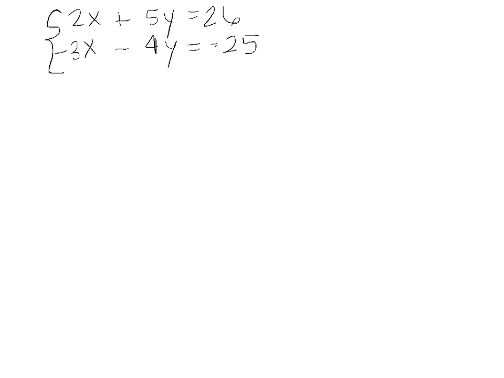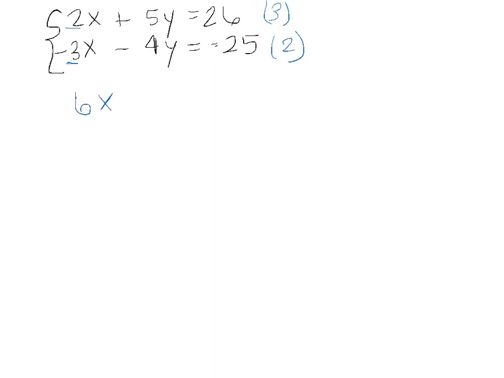What I'm looking for here is I don't have any opposites that are present. 2 and negative 3 are not opposite. 5 and negative 4 are not opposite. Now, what a fast thing you can do is to flip-flop your coefficients. So here I'm going to eliminate the x's. So I'm going to multiply the top by 3 and the bottom by 2. That way they're both going to become 6.